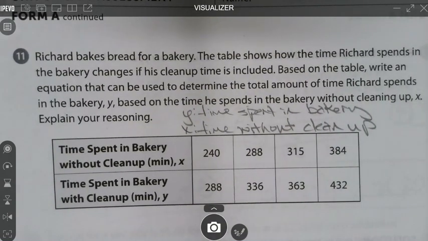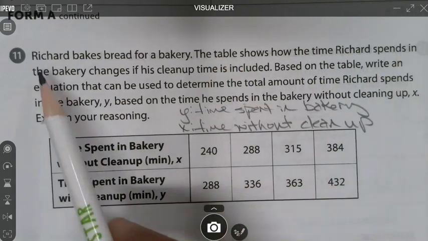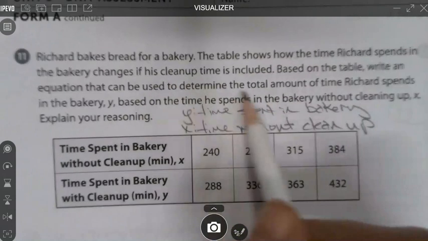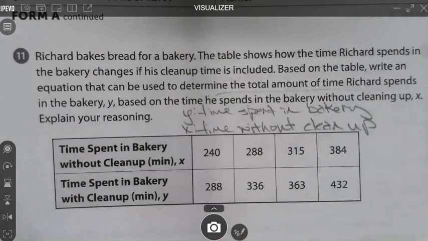Okay. So it's asking me explain my reasoning. What does it want to know? It wants to know based on, write an equation that can be used to determine the total amount of time he spends in the bakery.